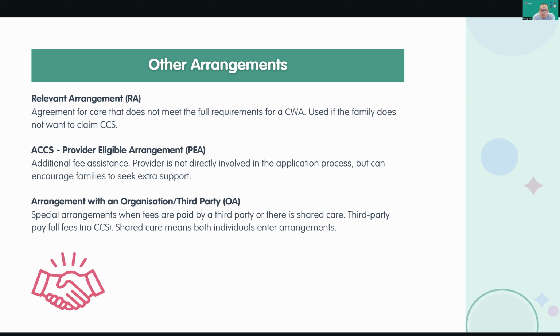You can put them in under a PEA, and what you would then do for ACCS to be applicable is you would go through and you would apply for ACCS under an ACCS certificate. Okay, so that means that you can care for that child, and then if your ACCS certificate comes in, then the subsidy will offset that. So if the child doesn't have a specific primary carer, but they need care, you would put them under a PEA arrangement and apply for ACCS under child wellbeing.